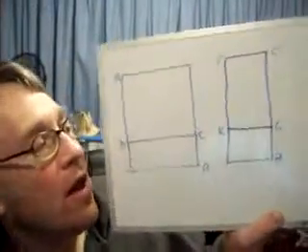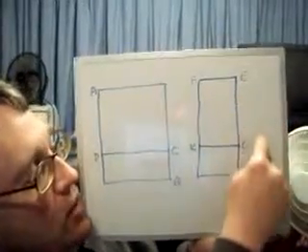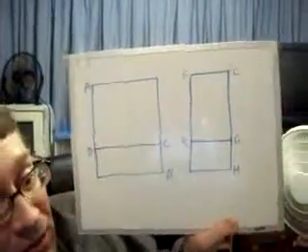Therefore, EG is incommensurable with the length of GH. So that's by Euclid Book 10, proposition number 13. So, what they're saying is that there is no number that will measure both the length of EG and GH.